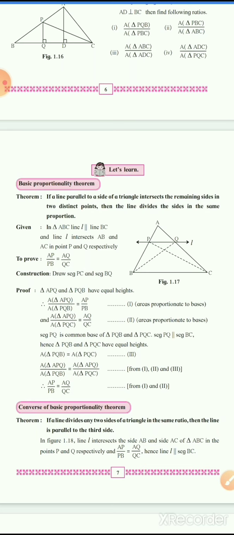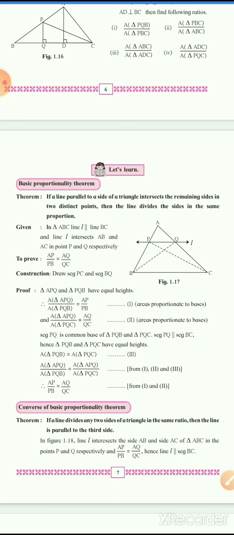So area of triangle APQ upon area of triangle PQB is equal to AP upon PB. The reason is areas proportionate to bases. Why? Because they have equal heights. Or we can write also as triangles with equal heights.